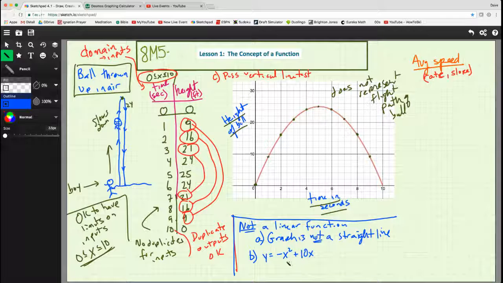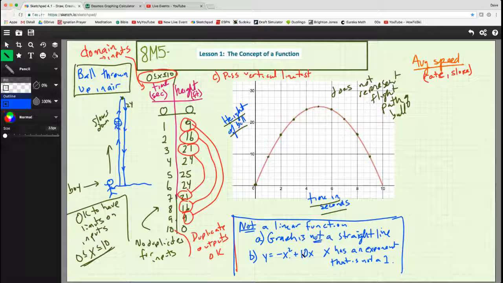If they're written algebraically, your y and x's can't have exponents that are greater than 1 on them. And I have this exponent of 2. And so I know it's not a linear function because my x has an exponent that is not a 1.